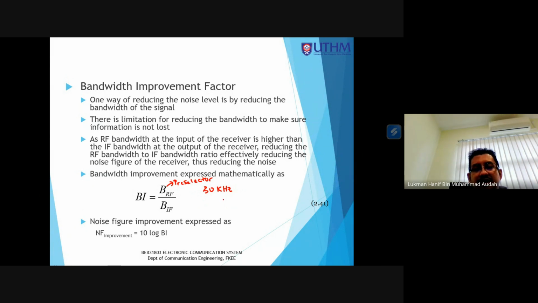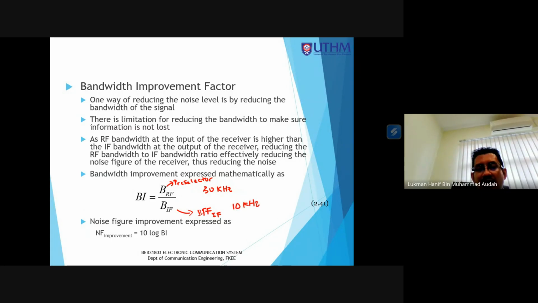The pre-selector selects up to 30 kilohertz from the previous example. Then this is after the IF band pass filter of the intermediate frequency, IF BPF. In the previous example, we reduced it to become 10 kilohertz, only one channel.